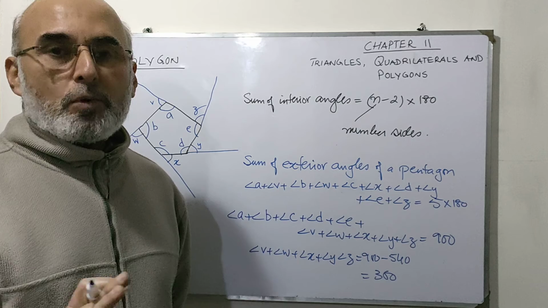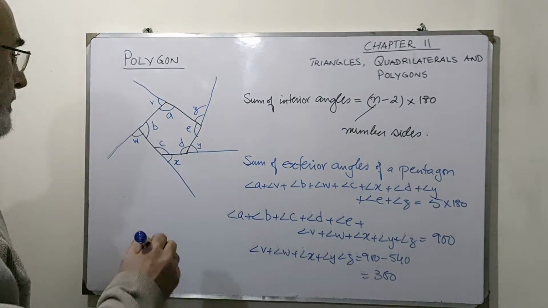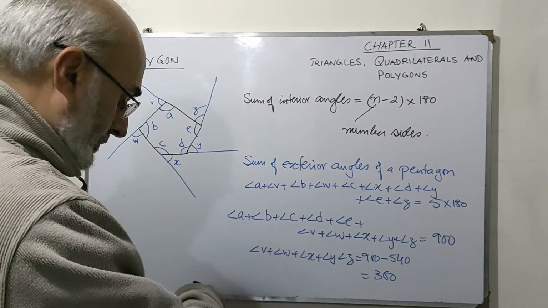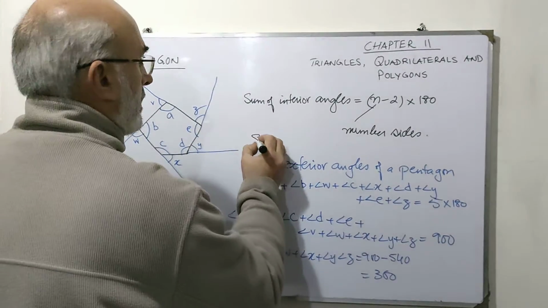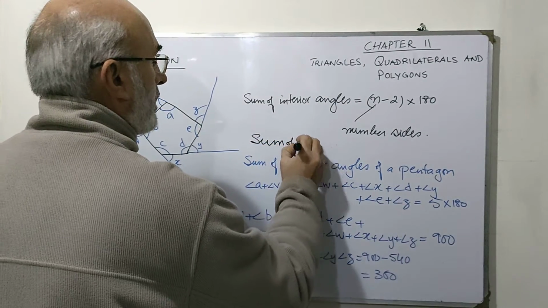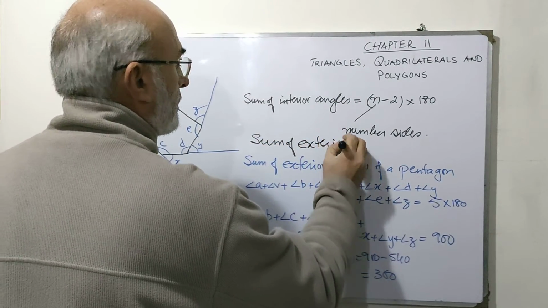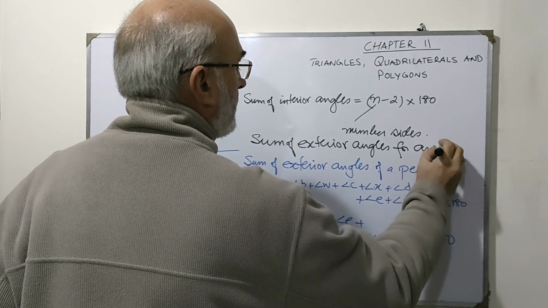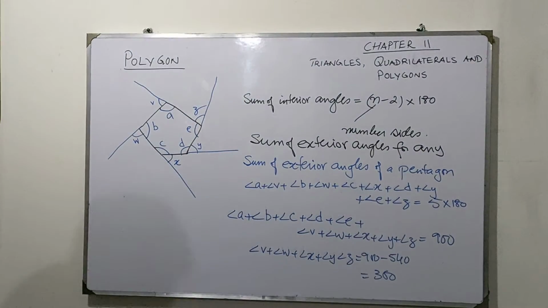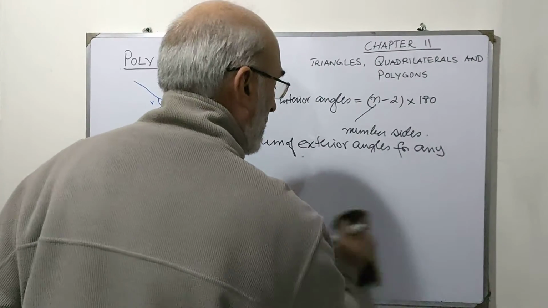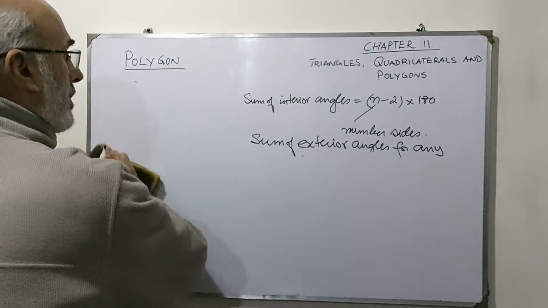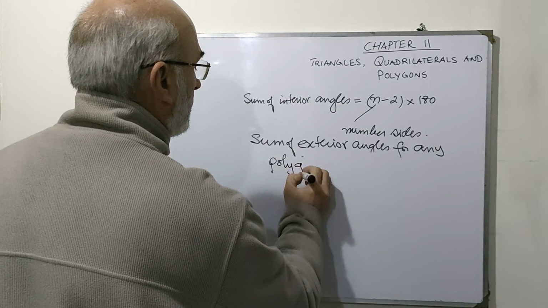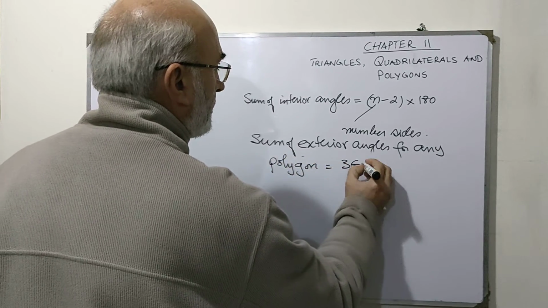So no matter what polygon you have, it's now a rule. The rule is: the sum of exterior angles for any polygon equals 360.